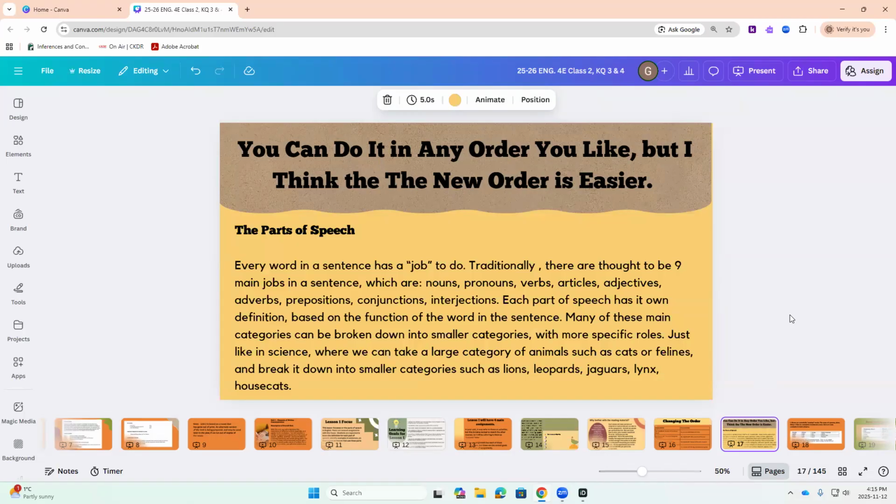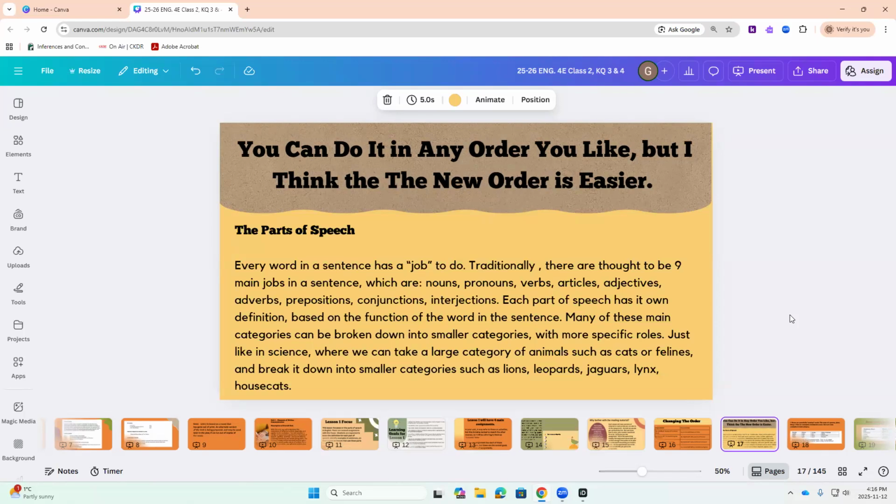Those categories or jobs are nouns, pronouns, verbs, articles, adjectives, adverbs, prepositions, conjunctions, and interjections.